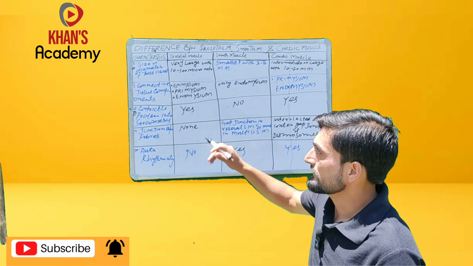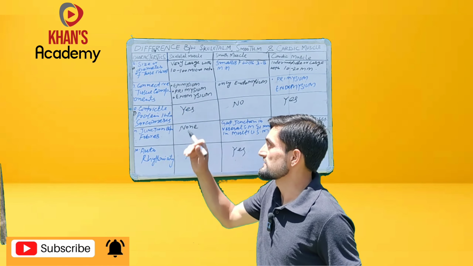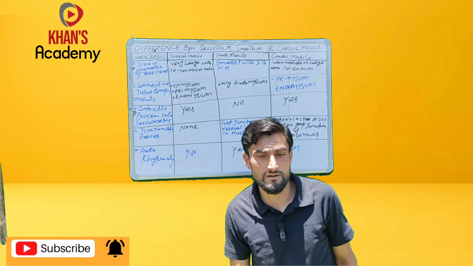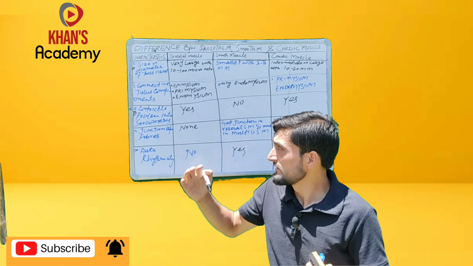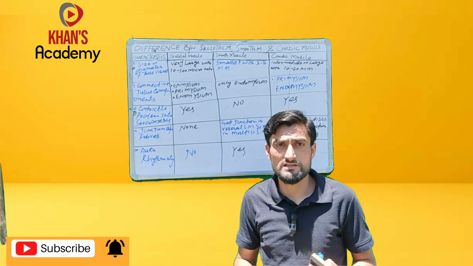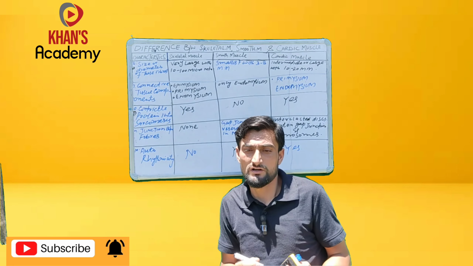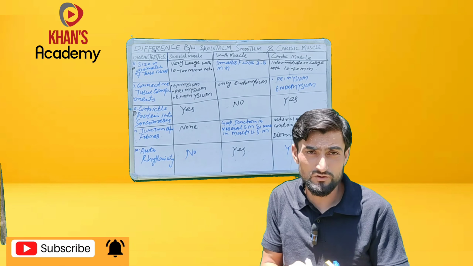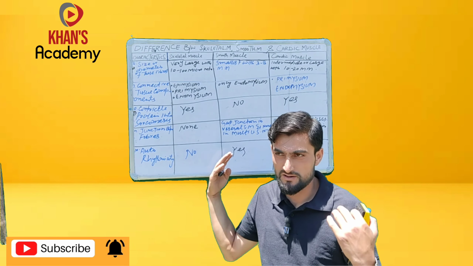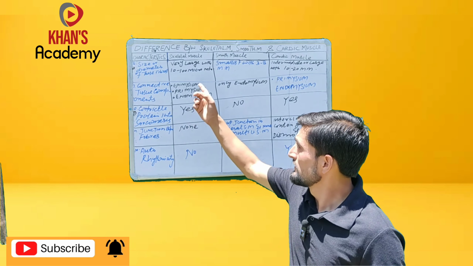The sixth characteristic feature is the size or the diameter of these fibers. What is the size or the diameter of these muscle fibers?